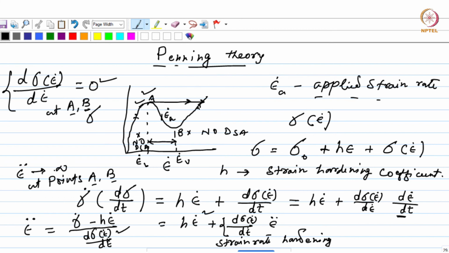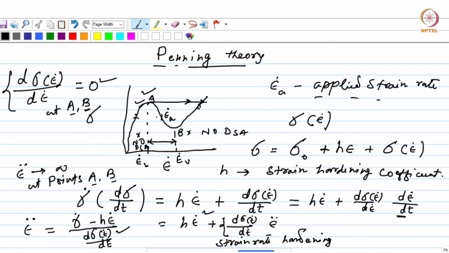That means within a fraction of a second, almost in no time, there will be a change in the strain rate. So it will jump from one strain rate to another and come over here to this point. Now you consider this point: the stress is still the same, because stress cannot jump the way the strain rate has.